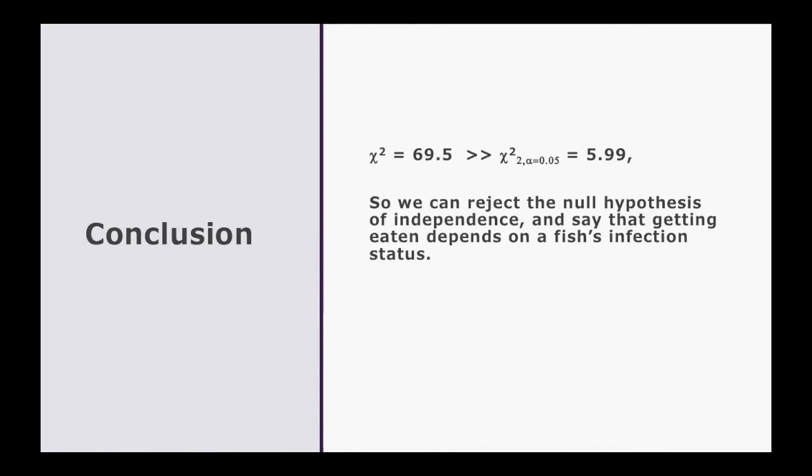So the more parsimonious conclusion then is that the null hypothesis is in fact false. So in this case then, we reject the null hypothesis that trematode infection is independent of predation by birds, and instead suggest that there is some association then between trematode infection and whether or not the fish are eaten by birds.